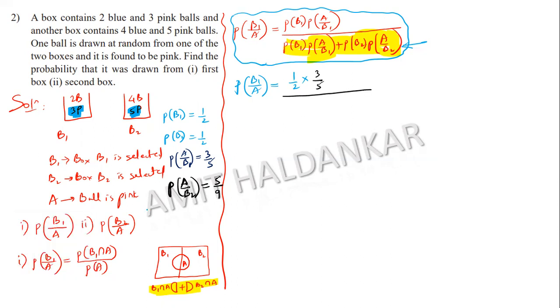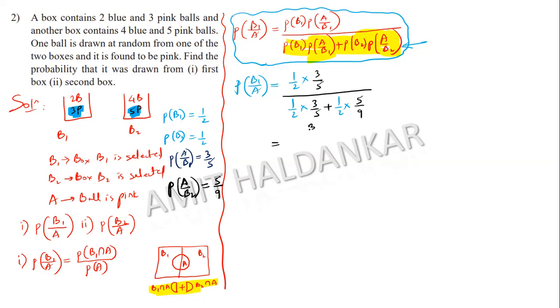Now you are getting this as 1 by 2 into, and I'll substitute those values again, which are 3 by 5 plus 5 by 9. Now when I calculate this, what will I get? Half will get cancelled, half will get cancelled, and I have to cross multiply.